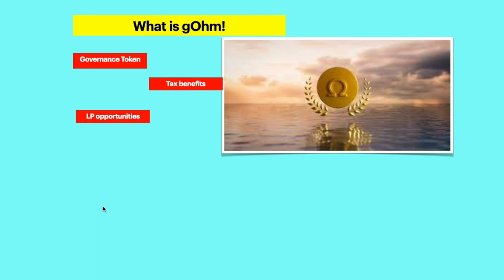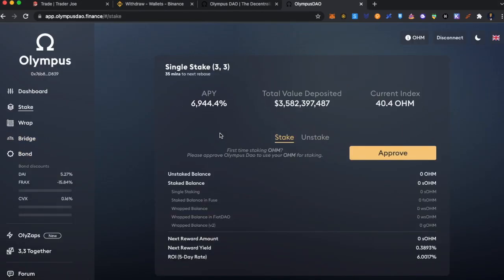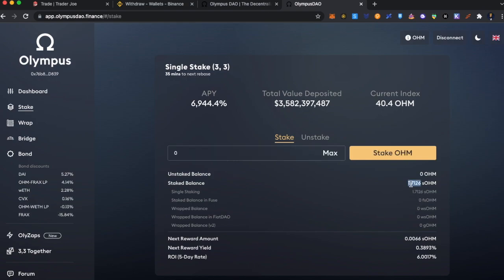What does this token hold? The token is actually more of a staked OHM. So when you stake an OHM token on their website, you go here. Full disclosure, I've got, I think, 1.71 sOHM.